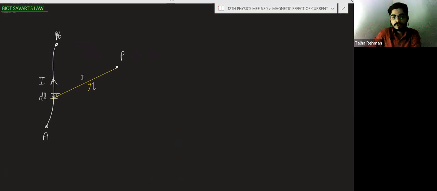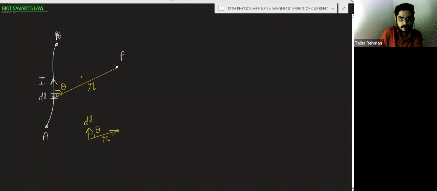And this is the angle theta I am taking. This theta is the angle between dl and this r. This is the point P. So the angle is between dl, the small length of the wire, and the distance r.